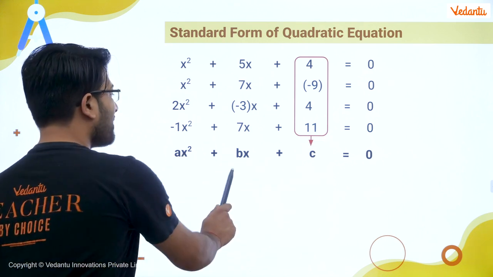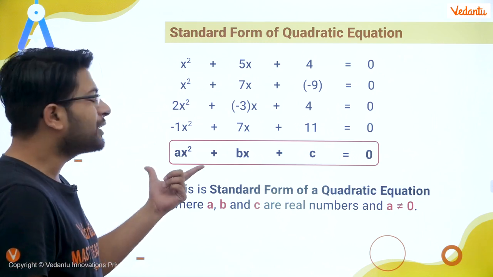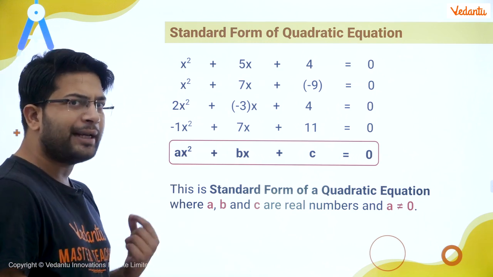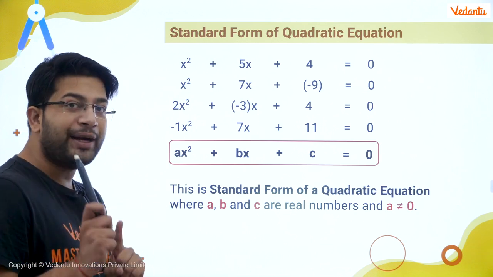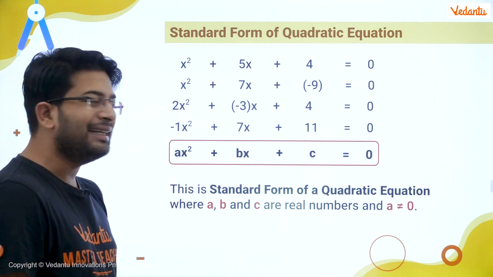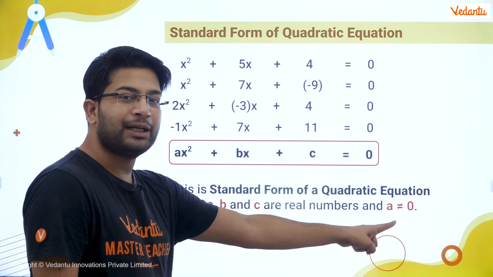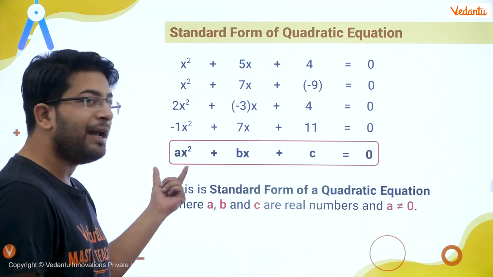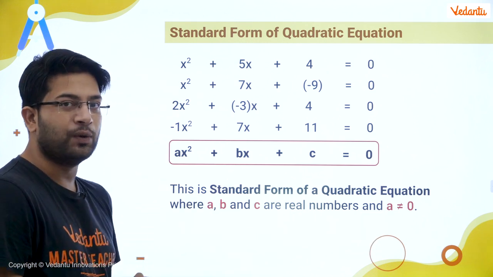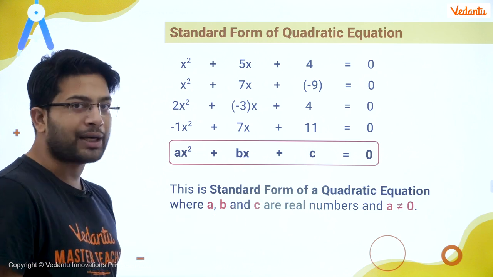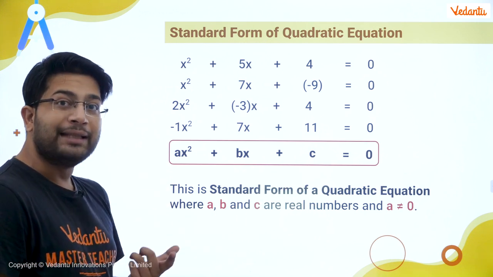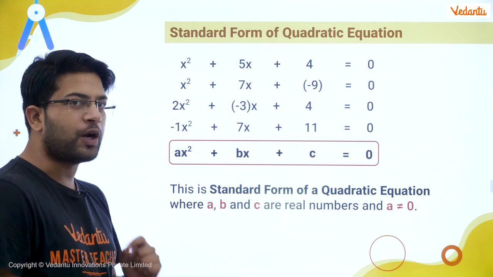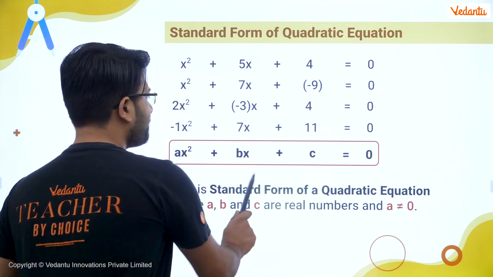Yes or no, champ? Very good. This is the standard form of any quadratic equation where a, b and c are real numbers, and the must condition is that the coefficient of x square cannot be 0. If the coefficient of x square is 0, then that won't be my quadratic equation. I hope it is clear.